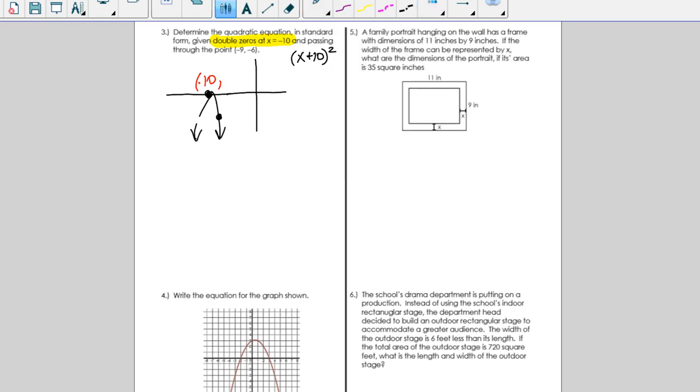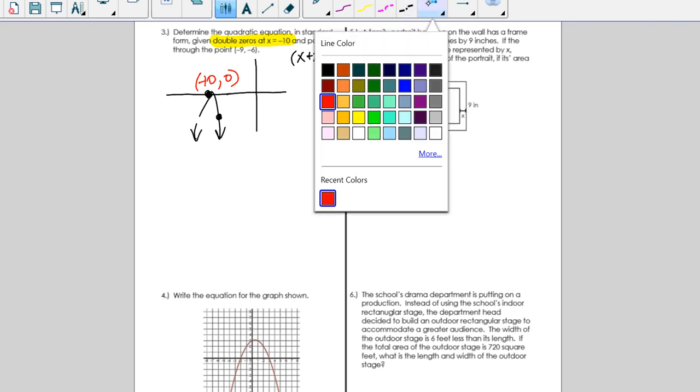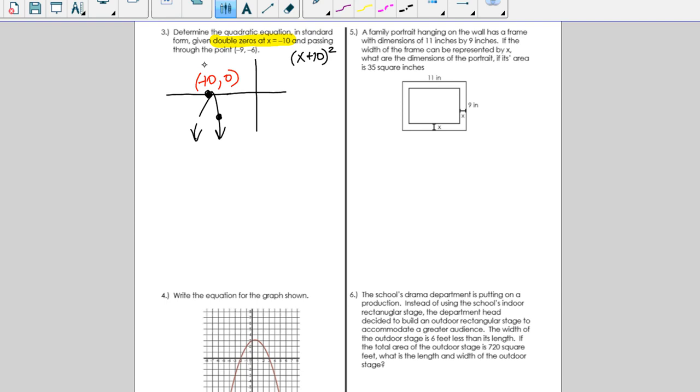So this is (-10, 0). There we go, because you have a double 0 at -10. If some of you were watching the last minute of that video, like, what is she doing? Good, I'm glad you caught it, since, you know, it took me a minute. So, that means that we have (-10, 0), and this is our h and our k, and then this is our x and our y.